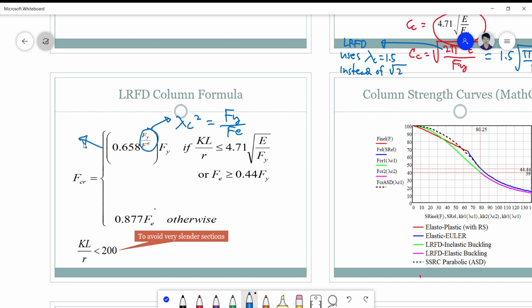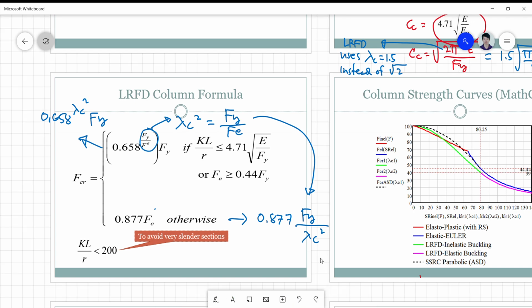In other books you will see an equation of 0.658 to the lambda sub c squared times Fy. In other books you will see a 0.877 Fy over lambda sub c squared. So just place your Fe equal to Fy over lambda sub c squared. It depends upon how the book will introduce to you the parameters involved.